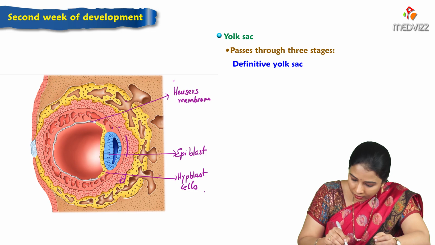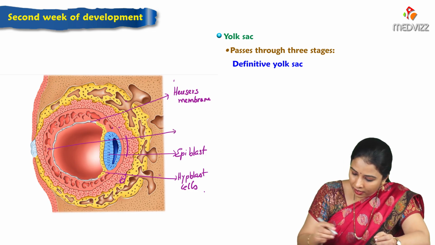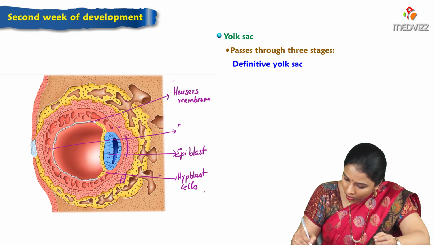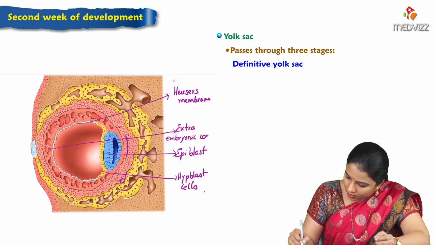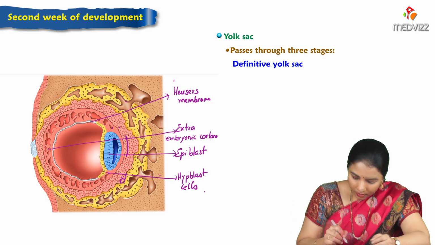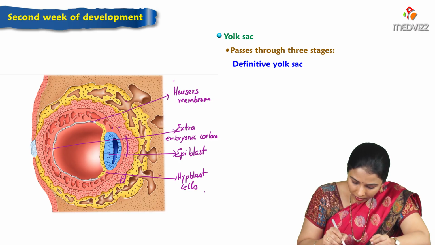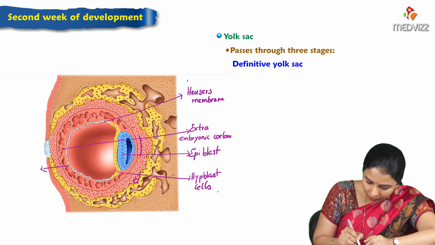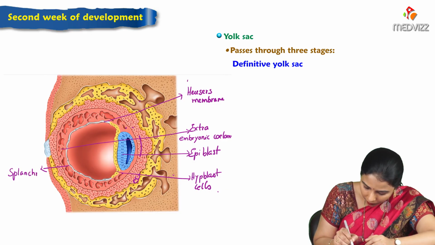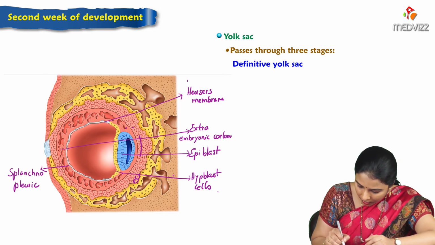You can see the vacuoles appearing in the extraembryonic mesoderm, called the extraembryonic coelom. Okay. Now the extraembryonic coelom divides the extraembryonic mesoderm into splanchnopleuric. The other is the somatopleuric.